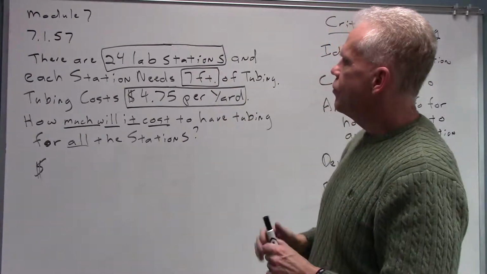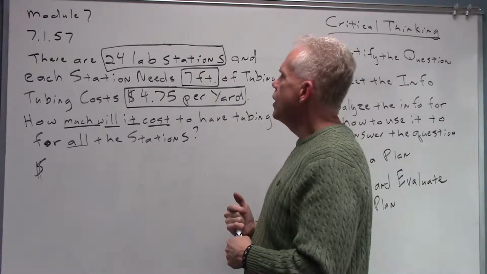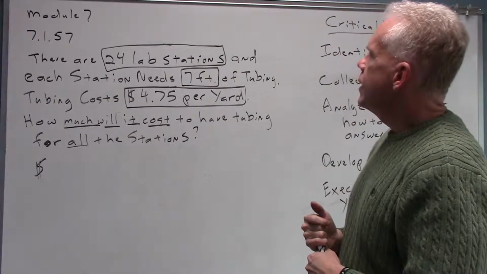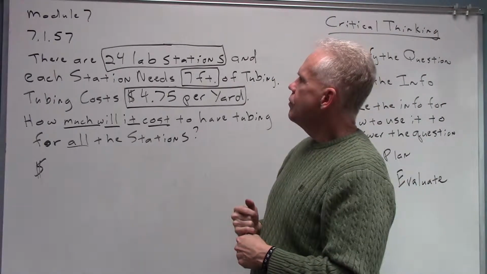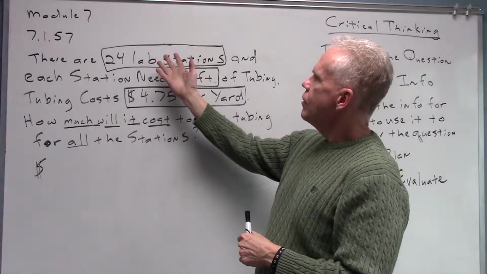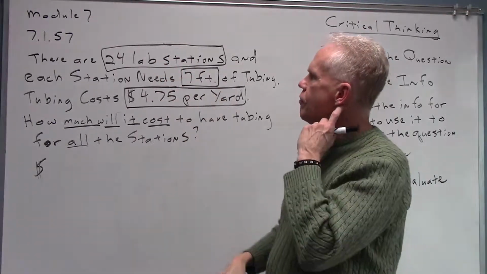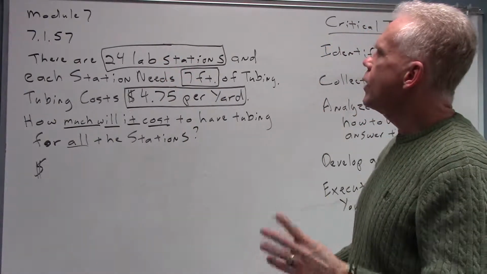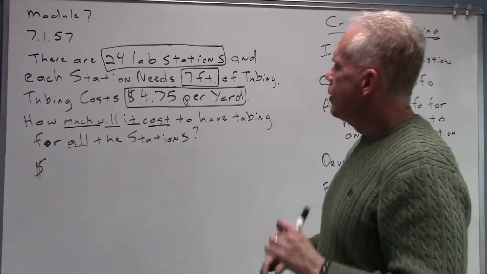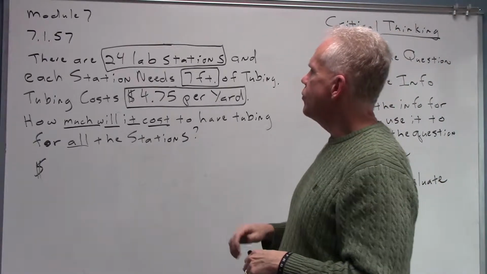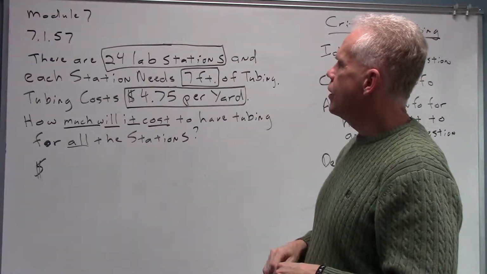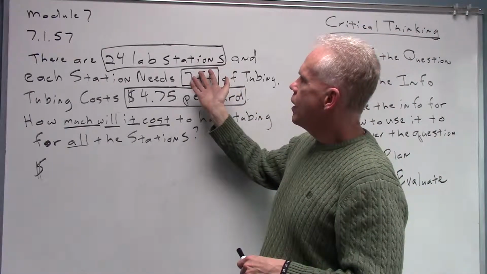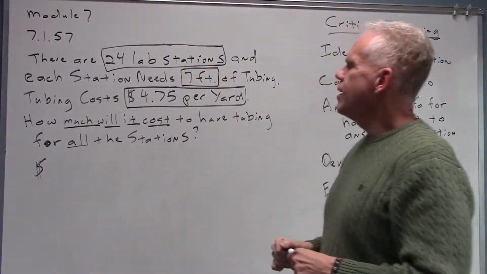That's one thing I want to consider as I analyze this information. Another thing is that there's 24 stations and we need 7 feet for each station, so we have to have tubing for all the stations.